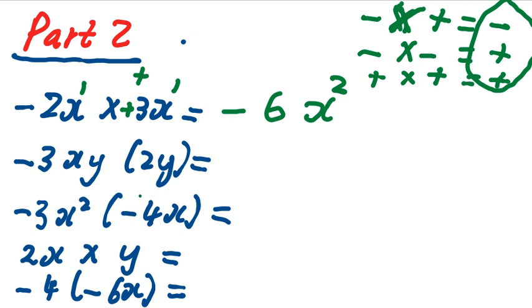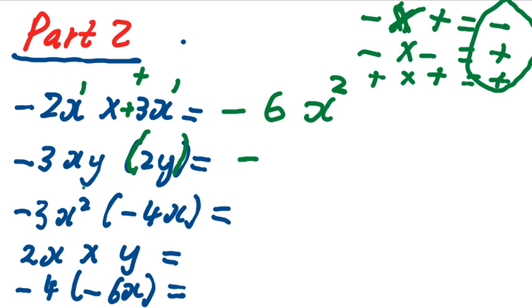Let's check this one. With this one, I want you to make a point again. Listen, bracket means multiply. So once we have a bracket, as you can see here, it means multiply, which means this is the same as negative 3xy times 2y. So first multiply the signs. Negative times a positive is negative. Now you only take one variable and add exponents if you are multiplying the same variables.